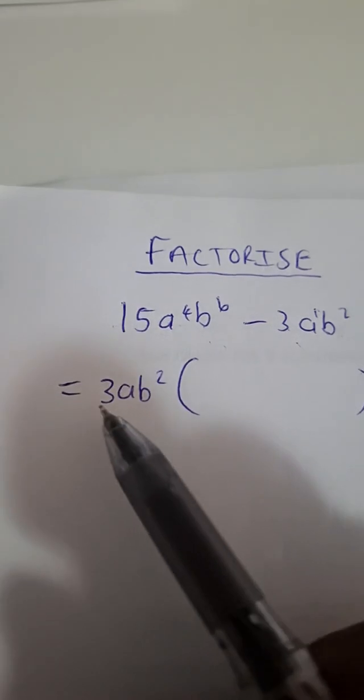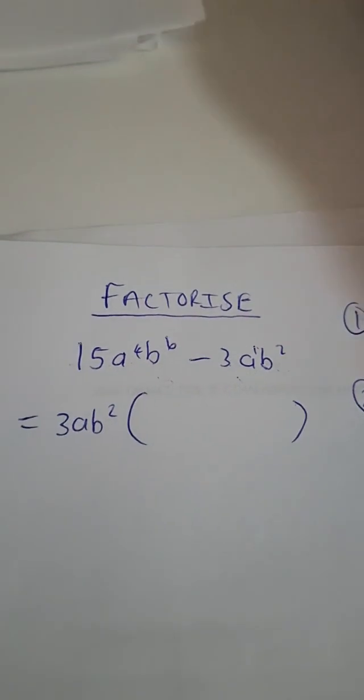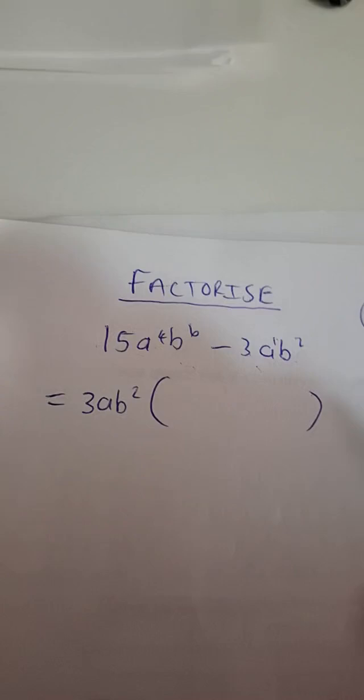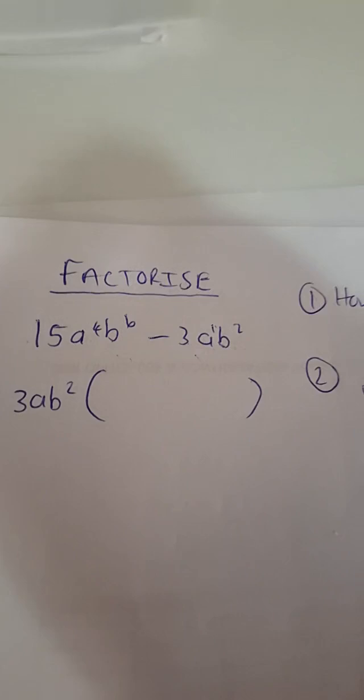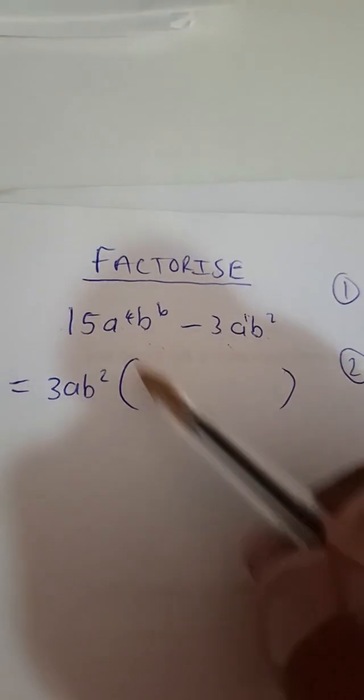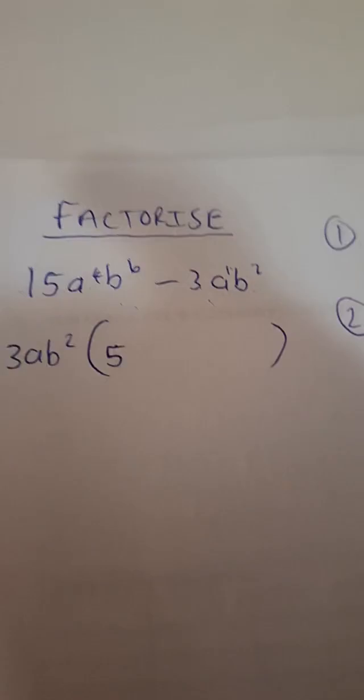So it's very important to know these things about your signs. Like I said, you have a positive times what gives you a positive. That positive you don't have to write, because it's an invisible agent that is ever present. 3 times what gives you 15, or 15 divided by 3, is what? It's very evident, it's a positive 5 that's left over.